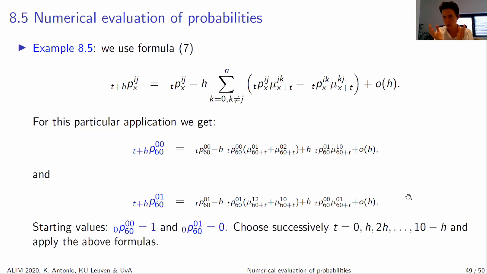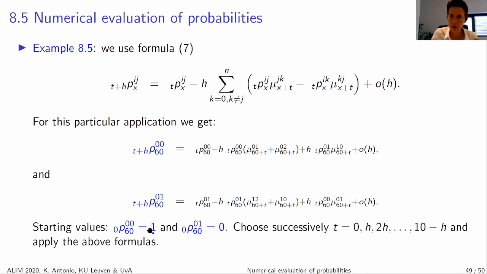Then the only thing that remains is, how can I work with this in a numerical way? In this course, we're not going to use very complex numerical methods to work with this set of differential equations. We're going to take a very heuristic approach, where we start with a boundary value, for instance 0p00. That's the probability that you will be in state 0 at time 0, and that you will be there again in an interval of length 0.